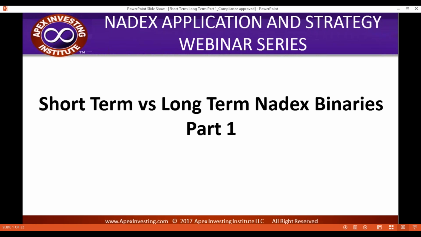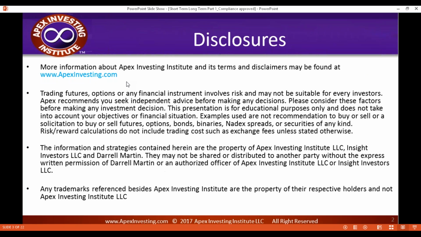So one of the keys is choosing the right binary strike, but another key is choosing the right expiration, short-term versus long-term. So we're adding those two pieces in this week and next week to help complete the whole picture here. So let's get our disclosures knocked out so we can jump right into this.